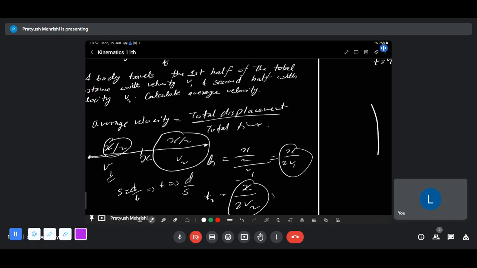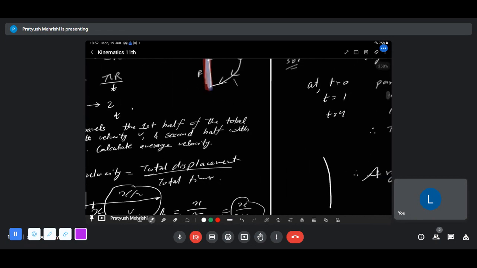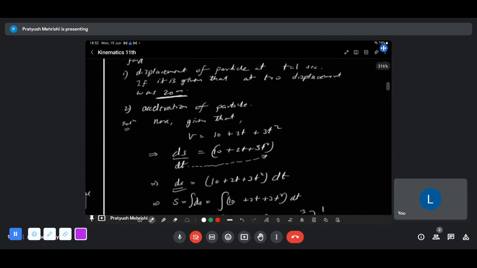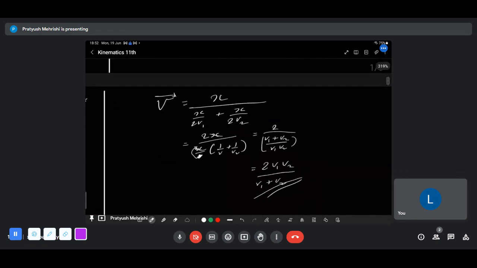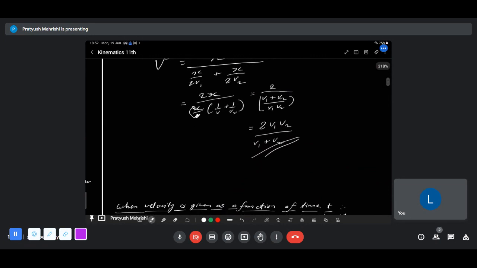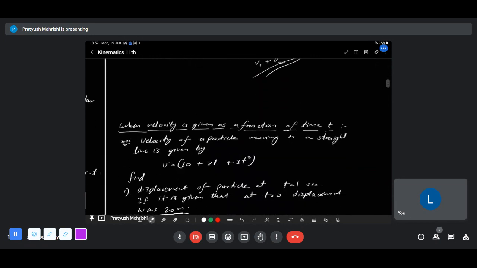We will get the time in covering first half of the distance. Similarly, for second half, we will get x upon 2v2. So total distance covered is x upon total time taken is x upon 2v1 plus x upon 2v2. We will take the x common, it will cancel out. We will get 2v1 v2 upon v1 plus v2.